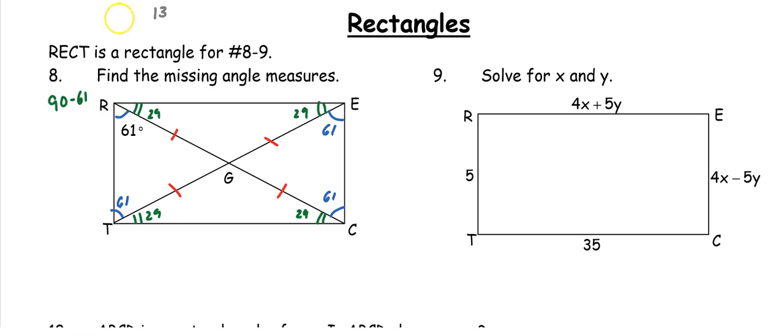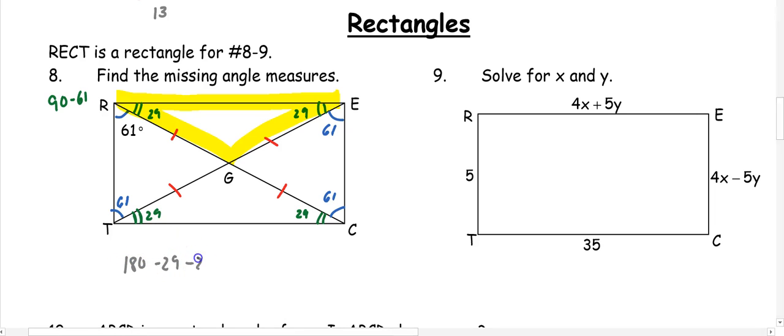To get the angles in the middle, use the triangle at the top, an isosceles triangle. Remember that all the measures in the triangle add to 180, so 180 minus the 2 measures we already know. So 180 minus 29 would get us 122 degrees in the top and the bottom triangle.